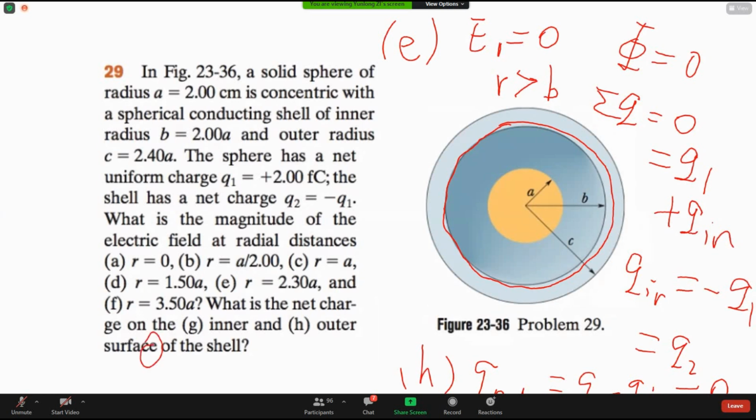So in this case, all the charge in the outer shell is concentrated on the inner surface, nothing on the outer surface.